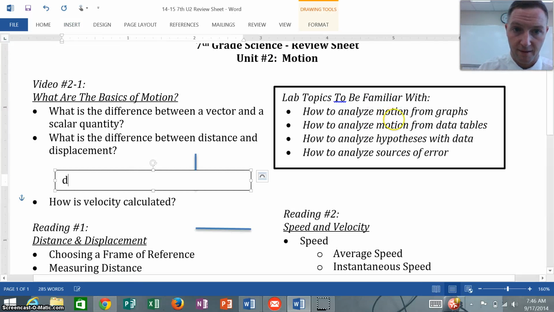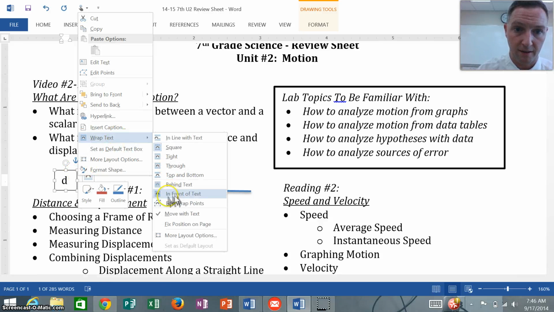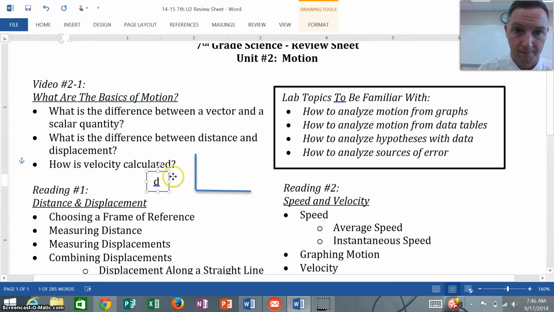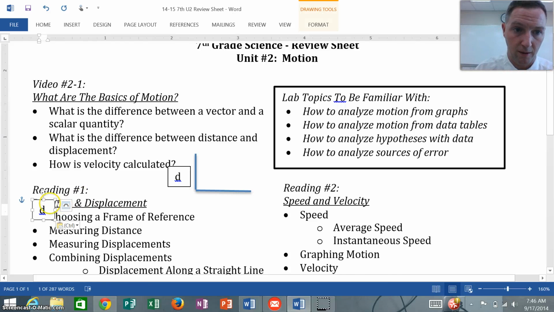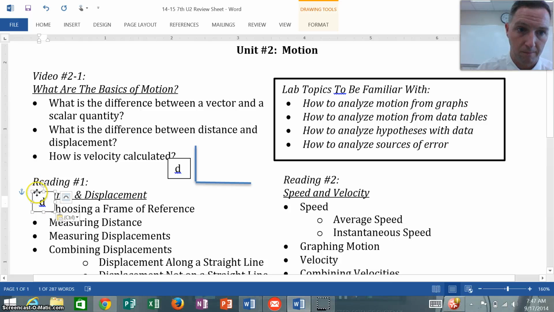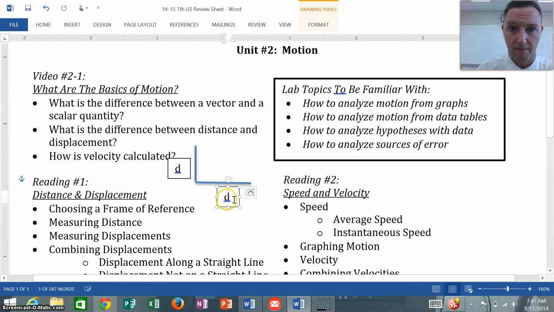Bam. Distance. Where's my mouse? Can I make that float over? Wrap text in front. So I've got my distance over here, and I've got my, oops. There we go. Get another one. If I could grab it. There we go. Move that over here.